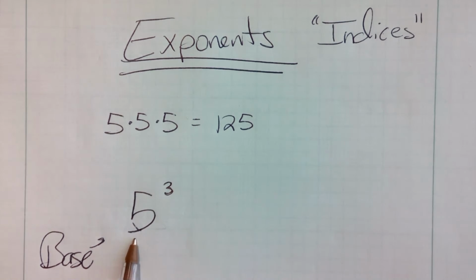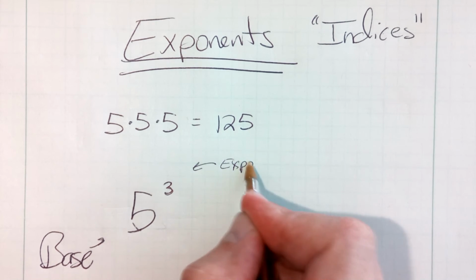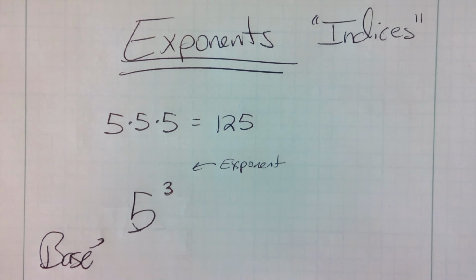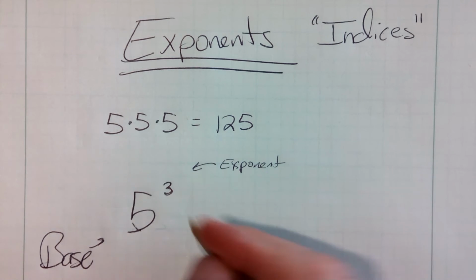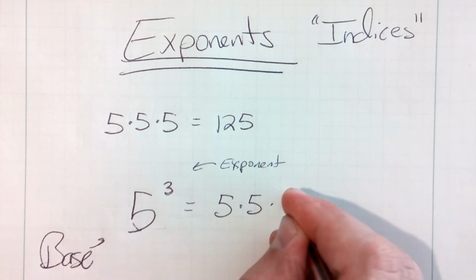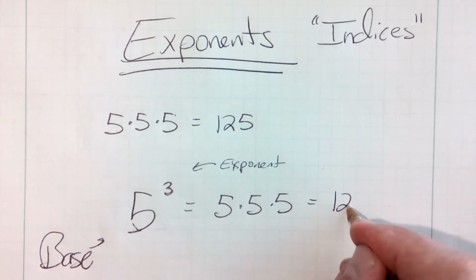That's called the exponent, or indice, or index. And 5 to the third exponent just means 5 times itself 3 times, or 5 times 5 times 5, which is 125.